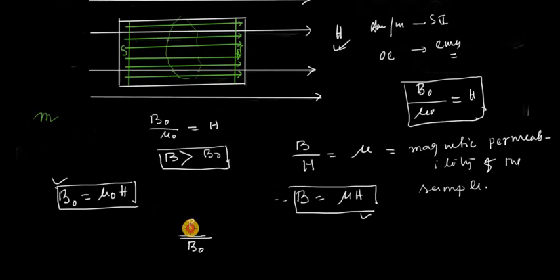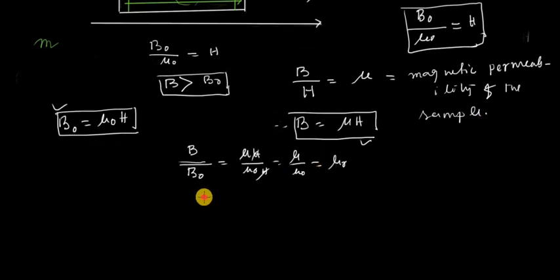So now lines of force per unit area become B. So B by B0 is nothing but mu H by mu 0 H, H cancels, so mu by mu 0, and that is called relative permeability.